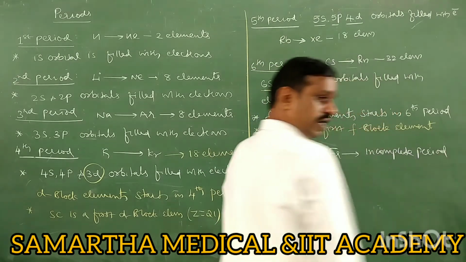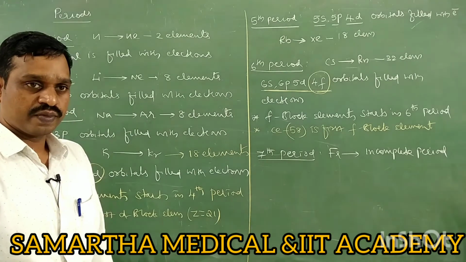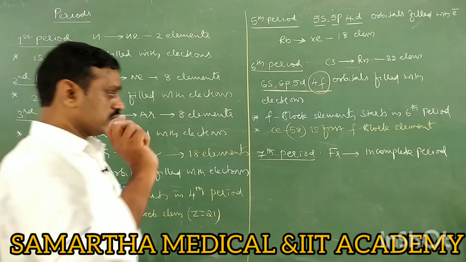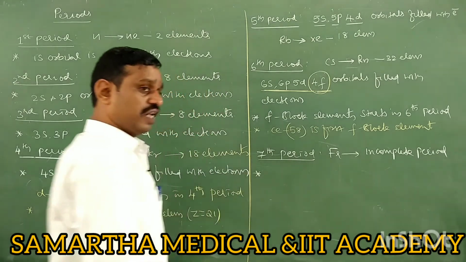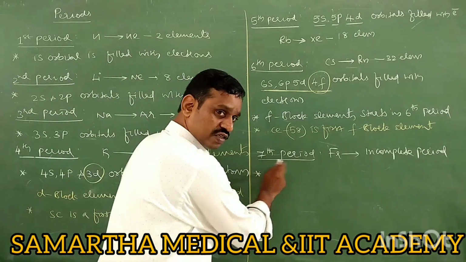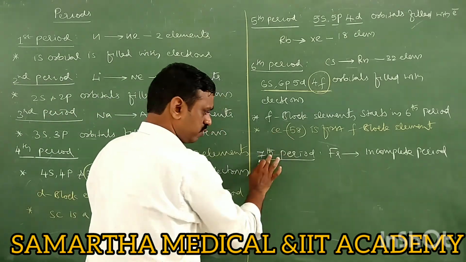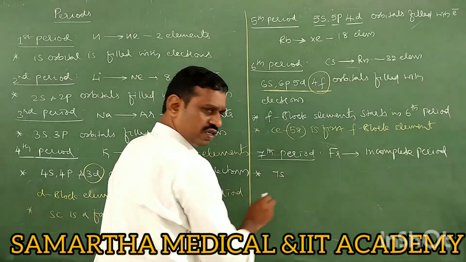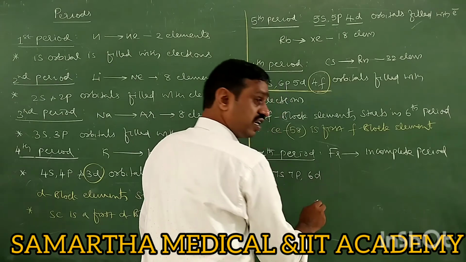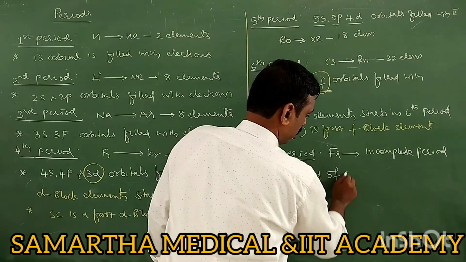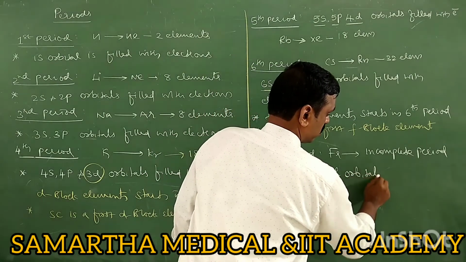Now, which orbitals are filled with electrons in the seventh period? It's very simple. There should be a 7s and a 7p, a 6d, and a 5f. These orbitals are filled with electrons.